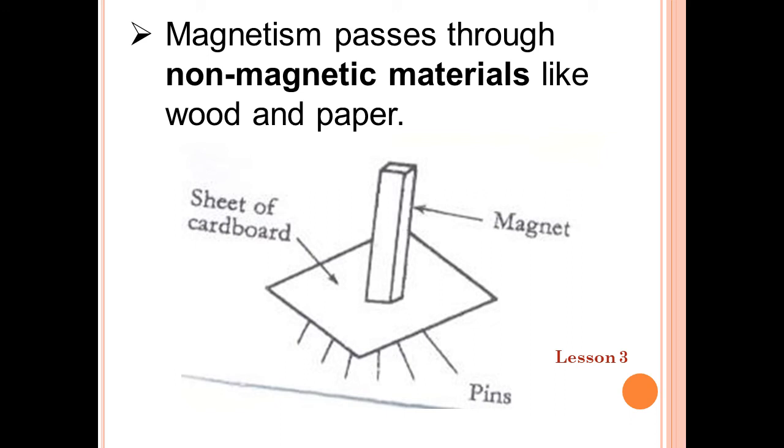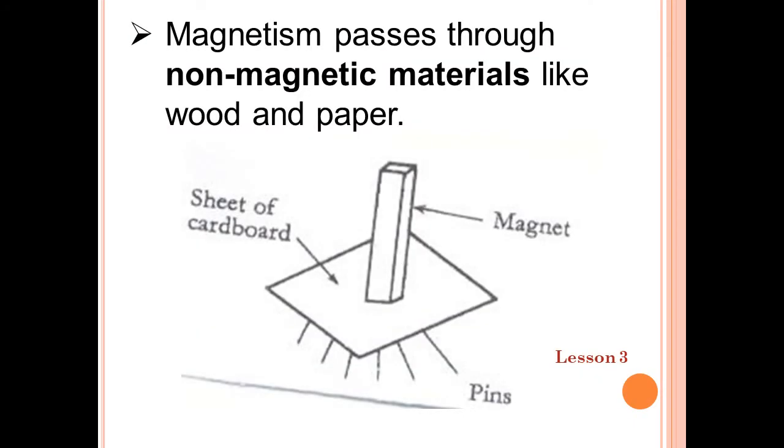Now, when you put a magnetic substance under a non-magnetic substance, and then you bring a magnet on top of it, those magnetic substances will always be attracted by the magnet. The force will be able to pass through the non-magnetic material, as you see on the screen, in that diagram.